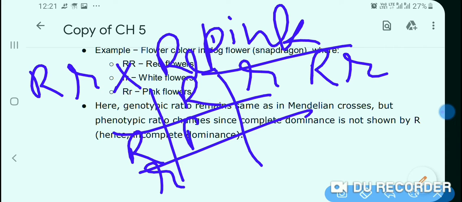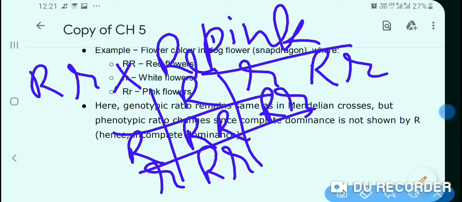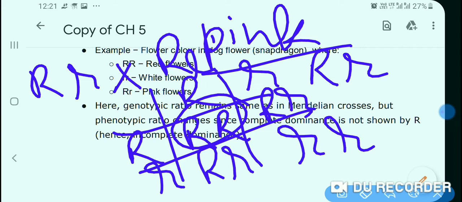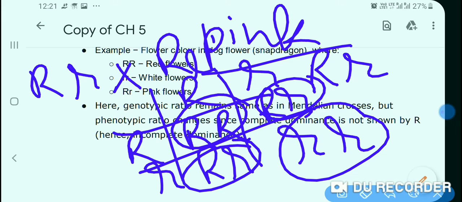What would happen? This is capital R, capital R, this is capital R, small r, this is capital R, small r, and small r, small r. Here this will be of red color, while these two are of pink color, and this is of white color.